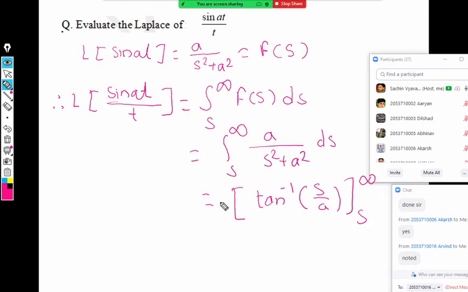There is no 1 by a outside, because the a cancels with the a in the numerator. If you keep a outside and take the integration of 1 upon s square plus a square, it comes 1 by a tan inverse, and that 1 by a and this a get cancelled. There's no need to write it. So that is about integration. Now when we put the upper limit, what is tan inverse infinity?